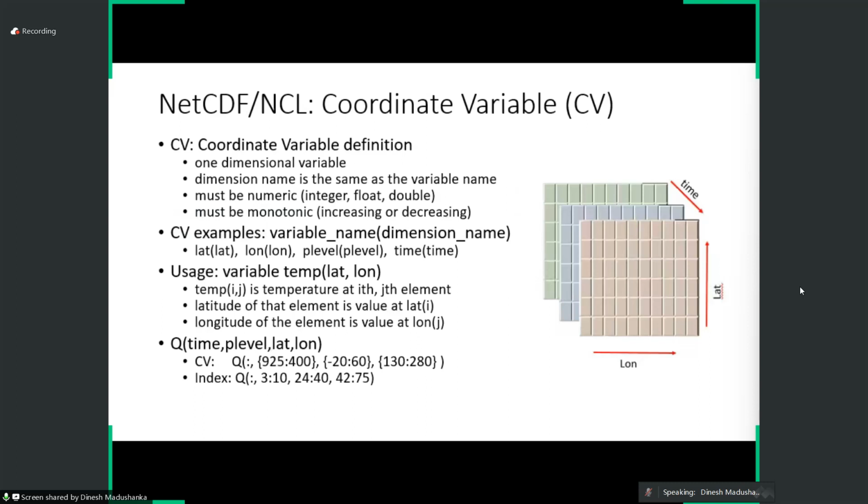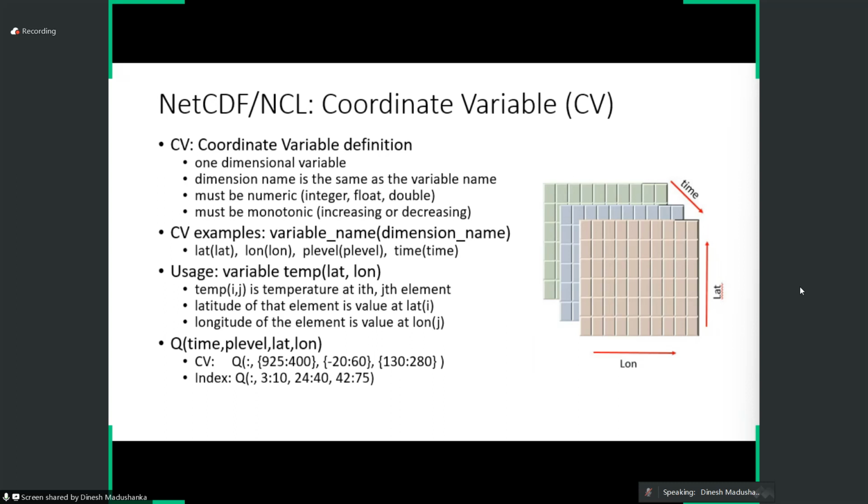That's because when you reduce the time scale, just imagine you have a variable named Q inside that NC file. Q has time, different pressure levels, different latitudes, and different longitudes. Now you need to do subscript, but you need all the time.